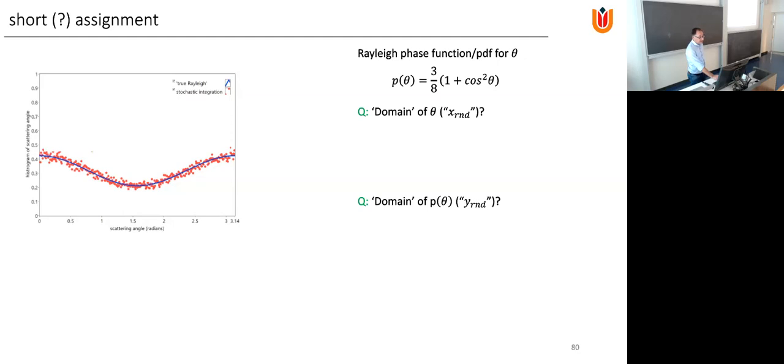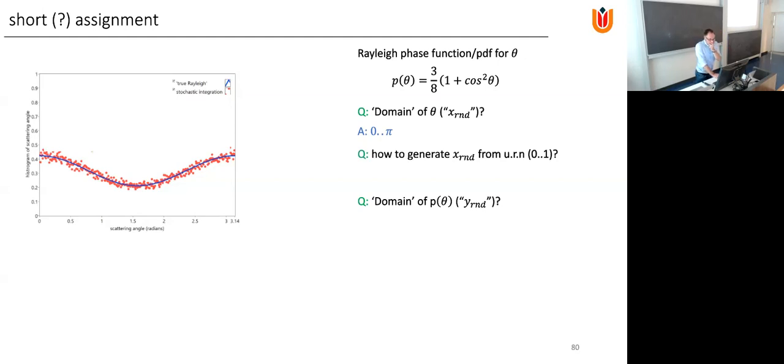What values can theta take? 0 to 2 pi? No way. Yeah, that was exactly it, 0 to pi. So the range is 0 to pi. Even though I plotted it here, it's from 0 to pi.